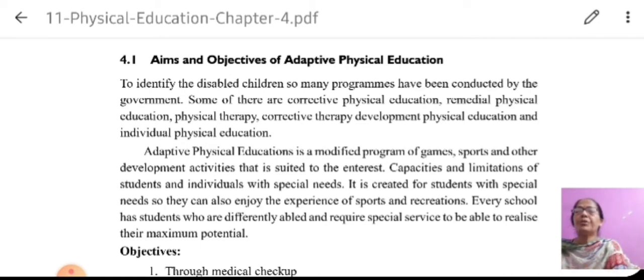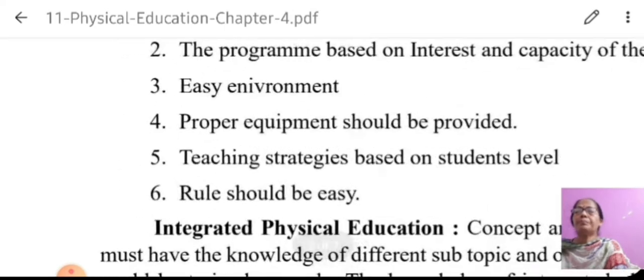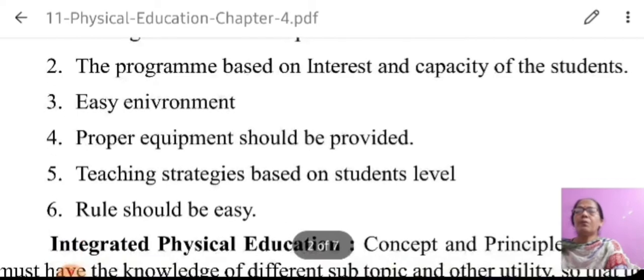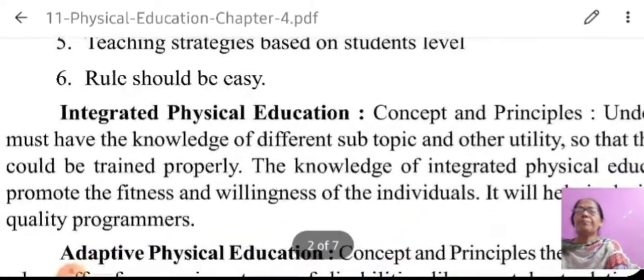Now, the objectives are: a medical checkup, a program based on interest and capacity of the students, an easy environment, proper equipment should be provided to the students, teaching strategy based on student level, and rules should be easy. These are the objectives.